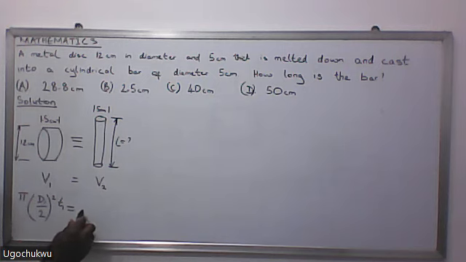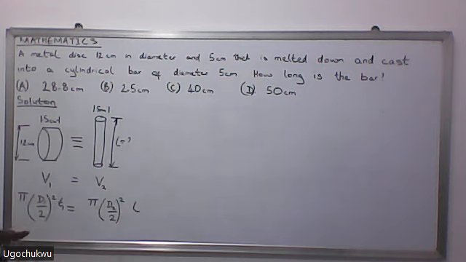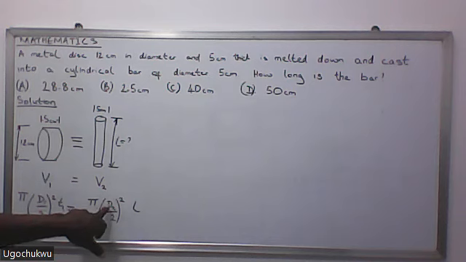And then on this side, we have pi times r, d2 over 2, squared, times L. So pi times d1 over 2 squared times the thickness is going to be equal to pi times d2 over 2 squared times the length.